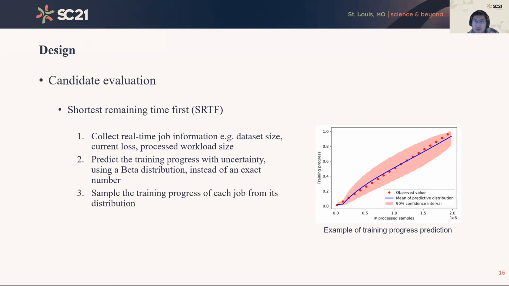Then we sample the training progress of each job from its distribution, compute the overall remaining time of each candidate, and then select the top ones. We use random sampling instead of exact numbers here because it can help the evolutionary algorithm reach higher quality solutions.